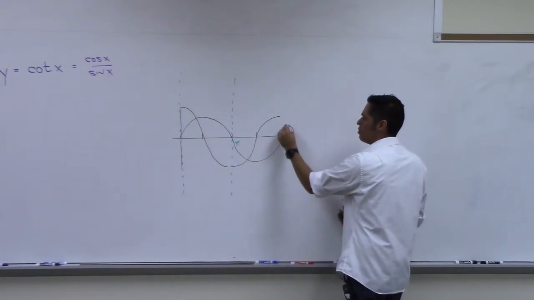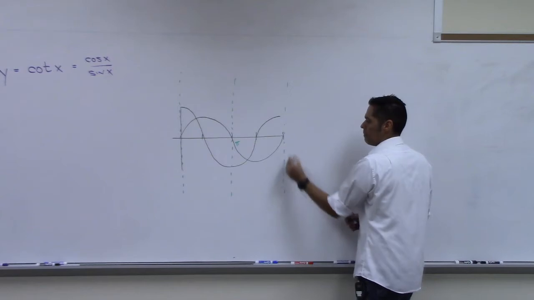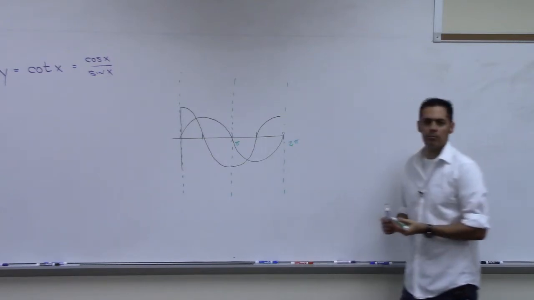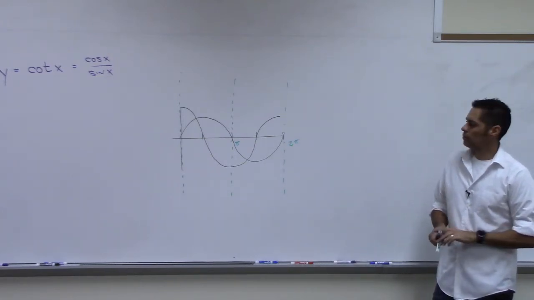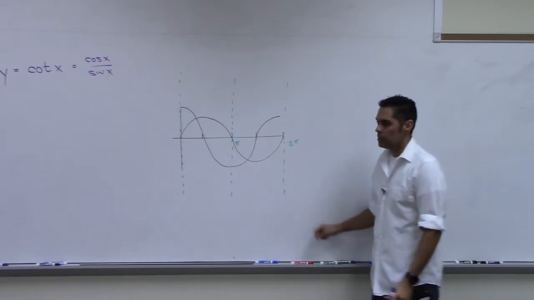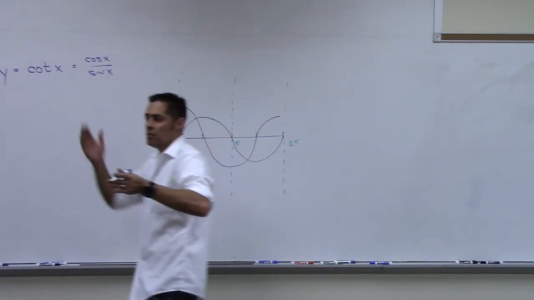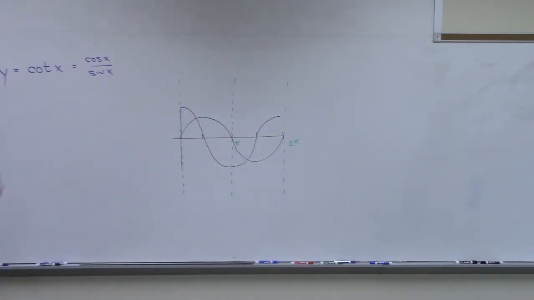And then again here at 2 pi. Do you see the difference? Instead of being at pi over 2 and 3 pi over 2 like we were, it's now at 0, pi, and 2 pi. That's going to be a little easier to work with.